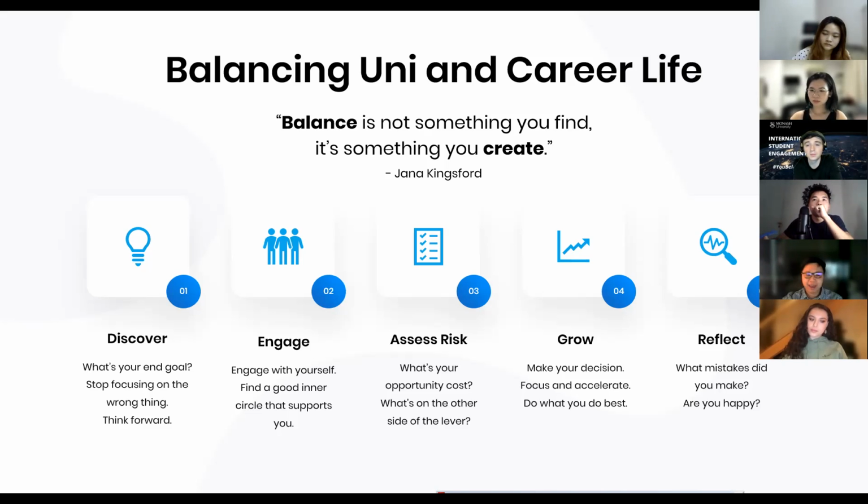Or if I work part-time too much, can I succeed in my uni? That's the balance that you need to find, that you need to be comfortable at, where you need to be happy.